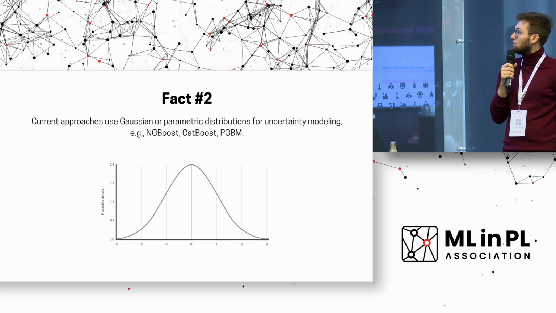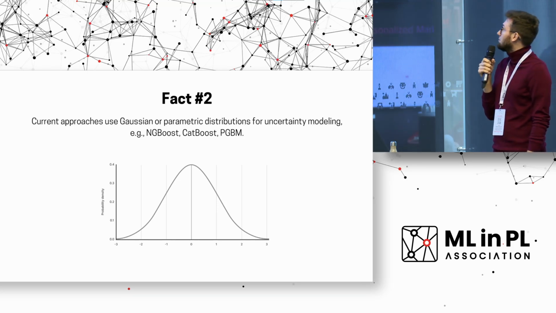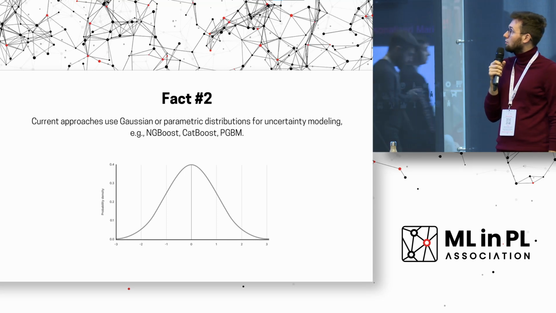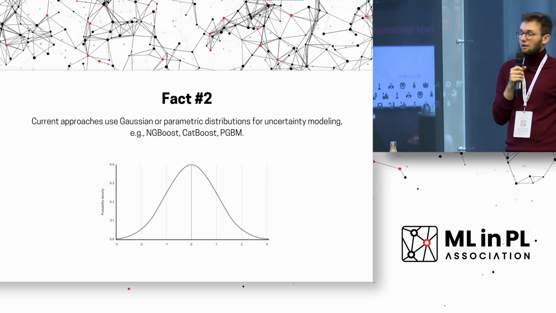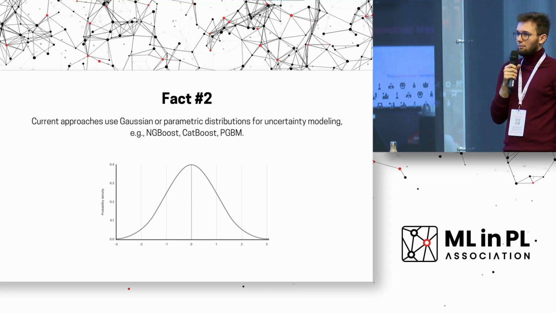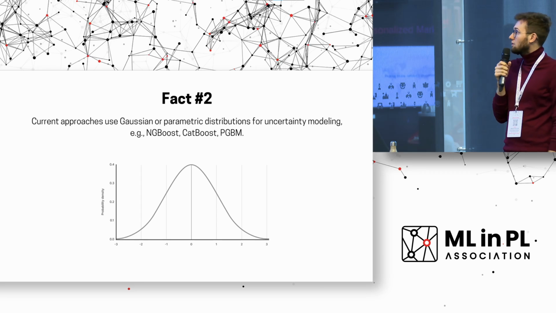So they were modeled by probability functions that have some parameters that we can estimate. I will briefly go through these three methods. The first one is NGBoost.